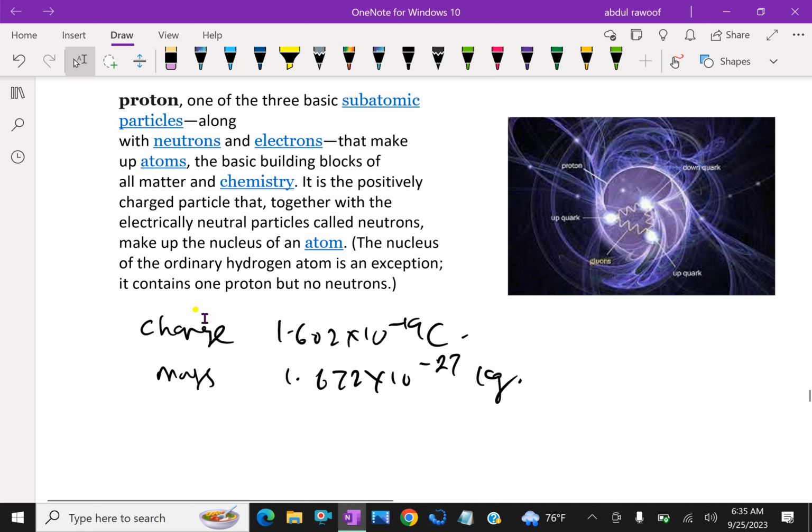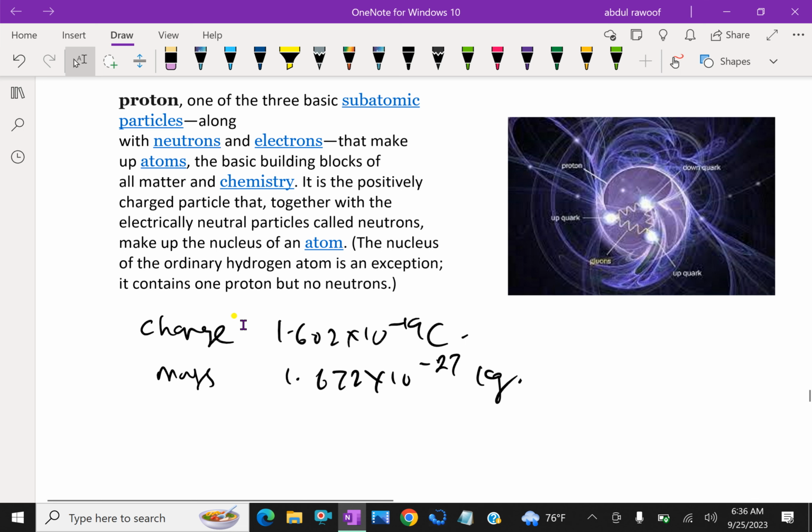Next, the mass of the proton is 1.672 into 10 power minus 27 kg. The proton and the neutron are considered to be different charge states of the same particle, which is called the nucleon. The number of protons in a nucleus is called the charge Z of the given nucleus, or the charge number.